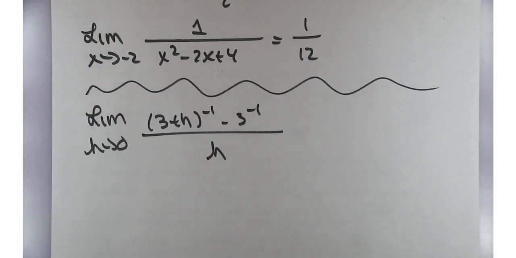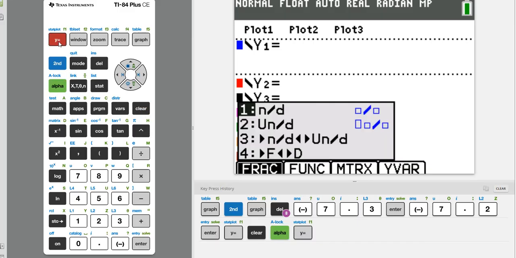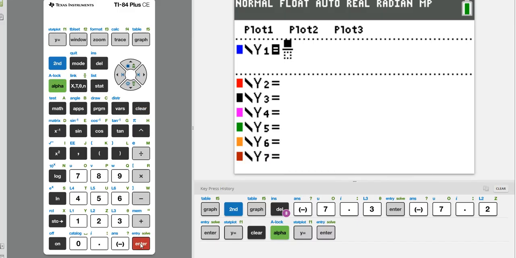Let's remind ourselves of something here in a different way. Suppose I had no idea what the graph of this looks like, but I could look at this with a table and see if I can at least come up with an estimate of what this limit might be.